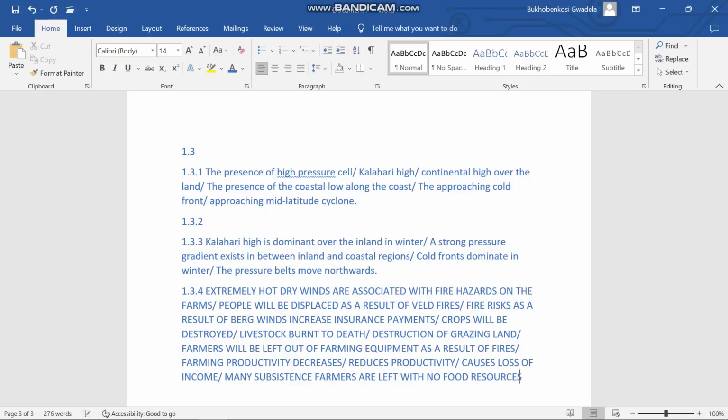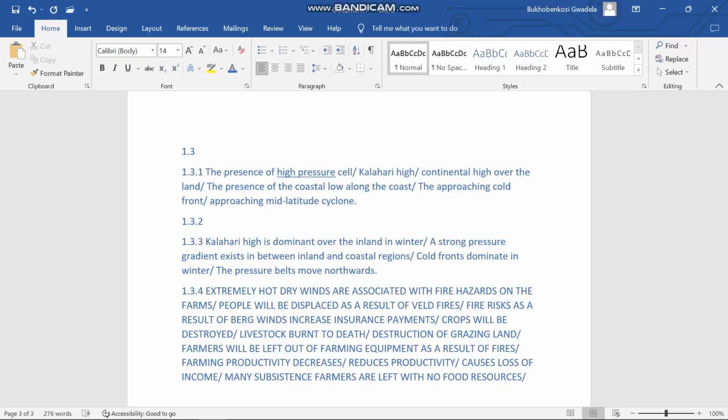Subsistence farming is farming for your own self, to feed yourself and your own family, from your own livestock. So these farmers are going to be left without food, which can lead to food insecurity.